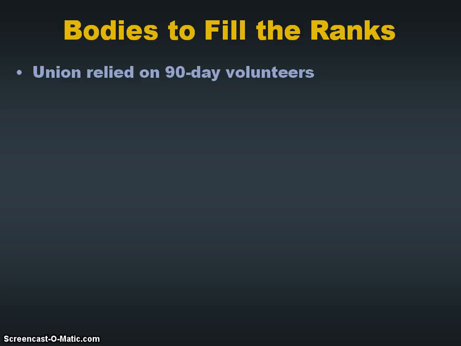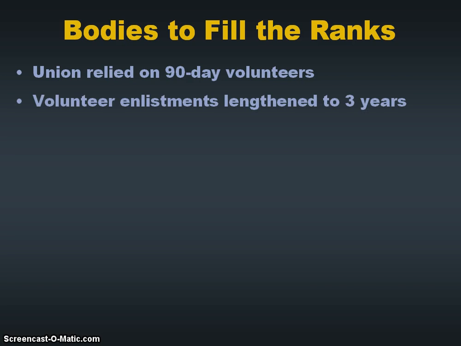Now, besides money, you need bodies, and so to fill the ranks for the Union, they relied on 90-day volunteers. And really, at the start of the war, both sides believed that this conflict would be over in 90 days. Now, as it dragged on and we realized that the war is not going to end quite so quickly and optimistically, the volunteer enlistments lengthened to 3 years.